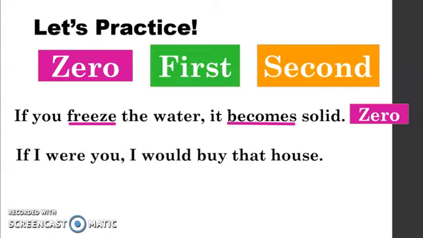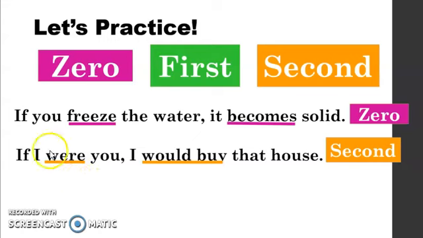Now on to the next sentence. If I were you, I would buy that house. What do you think is this sentence? It's second conditional, because if you still remember the form, since this sentence used past simple for the if clause plus would plus verb, then we can say that this is in the second conditional form of the sentence.